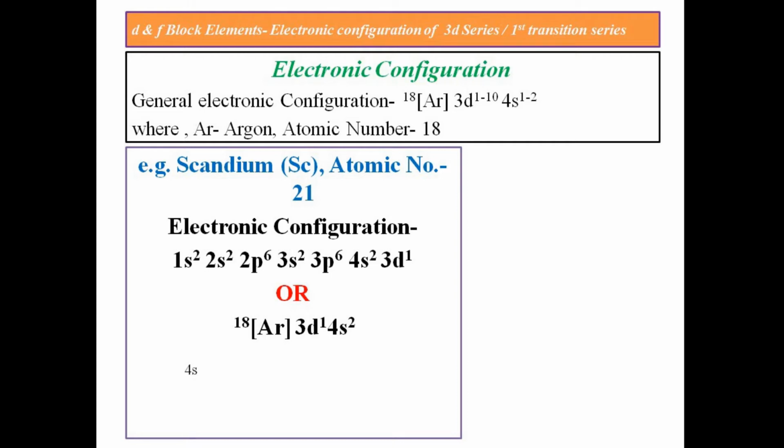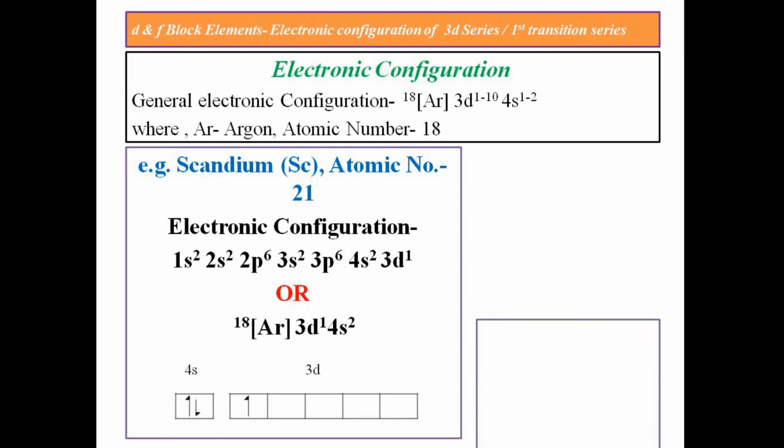Regarding the filling of electrons, 4s and 3d are the 2 valence orbitals. 4s contains 2 electrons, and 3d has only 1 unpaired electron. So in this way we can write the electronic configuration of elements present in the 3d series.